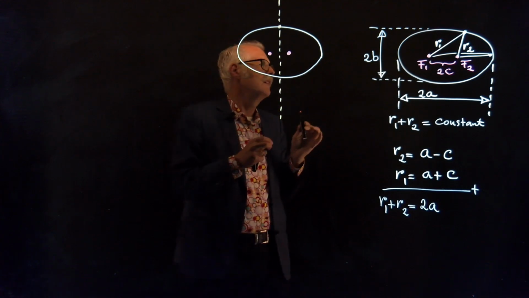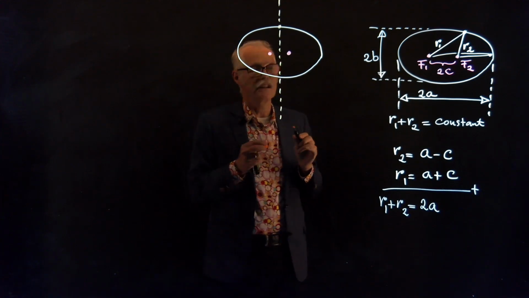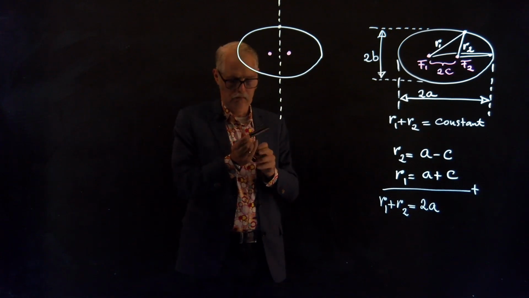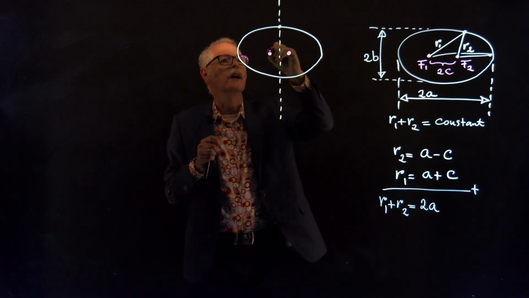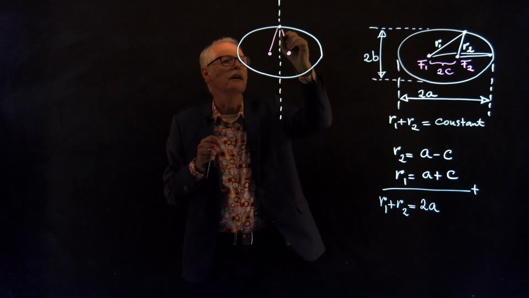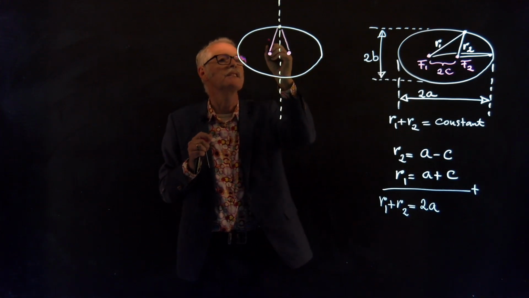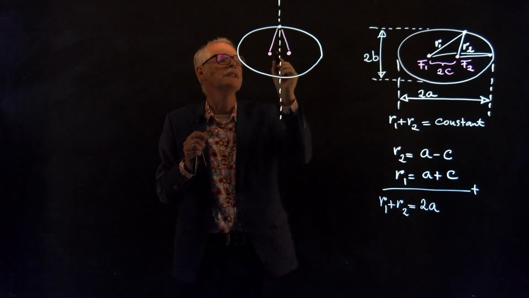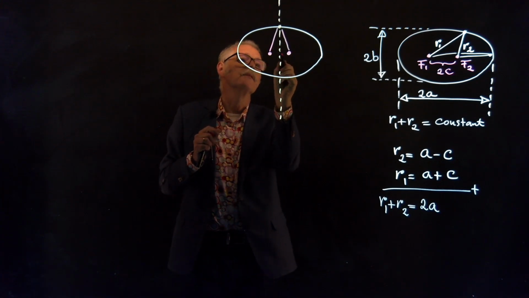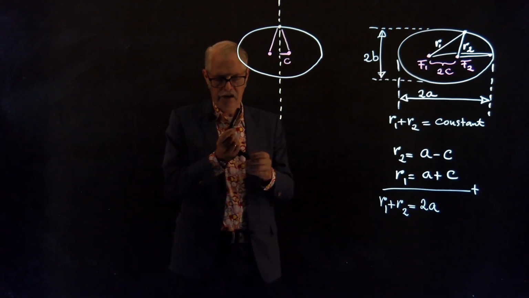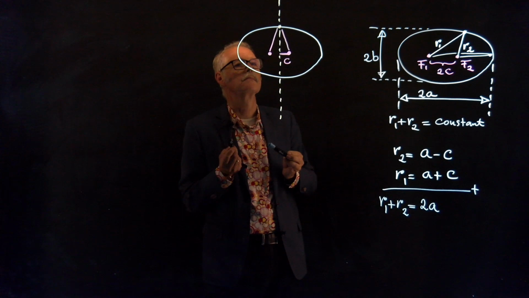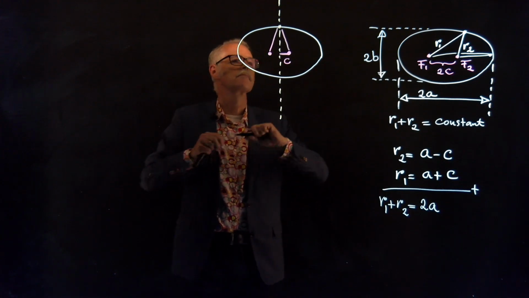Then we can again see the R1 and the R2. For example, here we have the R1 and here we have the R2. They are actually the same in this case because of the symmetry. And here we have this little distance, which is c. We have this vertical distance, which is b.